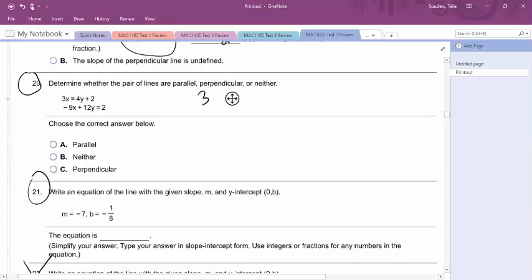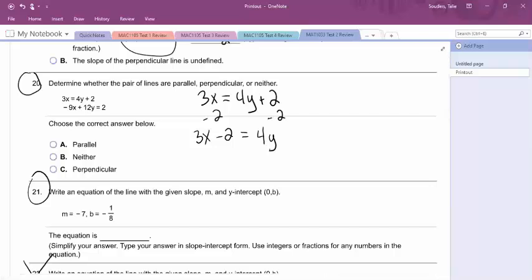Good. So let's take the first line. How could you get that in slope-intercept form? What could you do first? Subtract 2 on both sides. Good. Then I'm going to go ahead and switch it. Since we have an equal sign, you can write the left side on the right side and the right side on the left side.